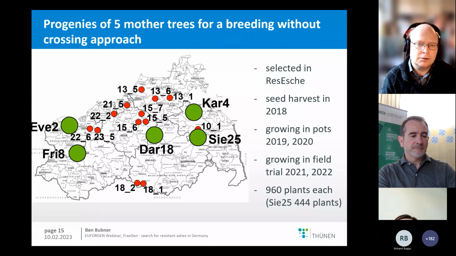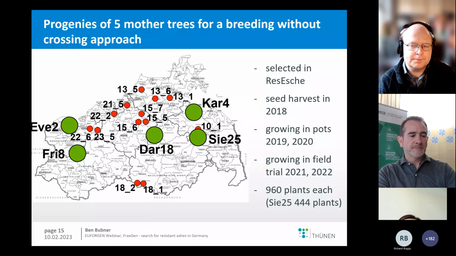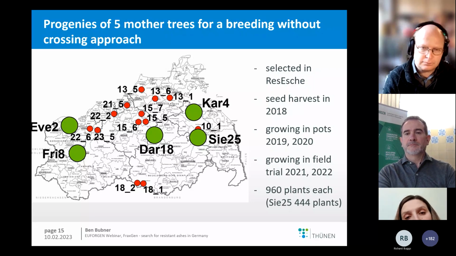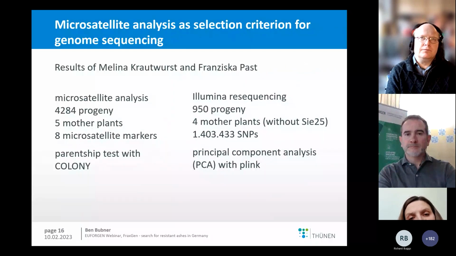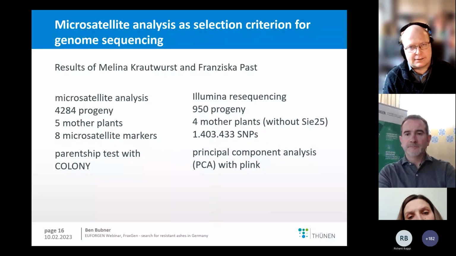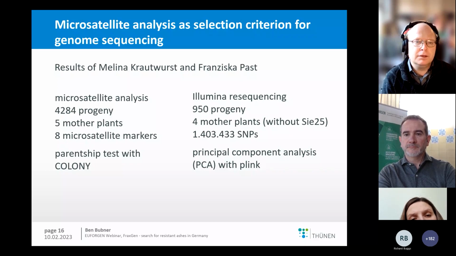And all we had to do was analyze the seed harvest for full siblings. In the end, we had 960 plants for each progeny, about 4,300 plants altogether, and this would have been too much, just for funding reasons, to do a complete genome sequencing at the beginning.